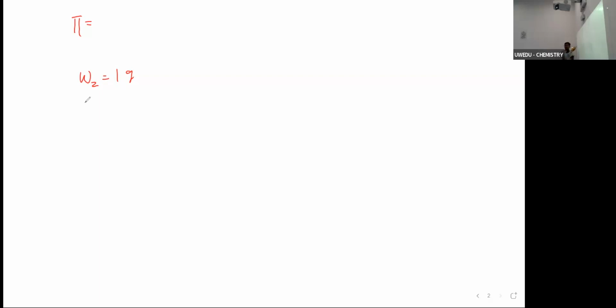So 450 ml is the volume, V, for the molarity. And the polymer's molar mass is given. That is M2, which is 185000.